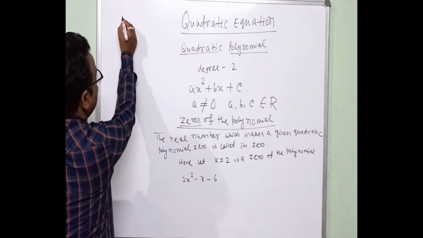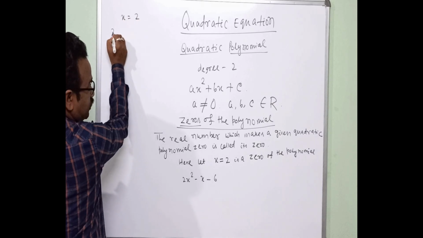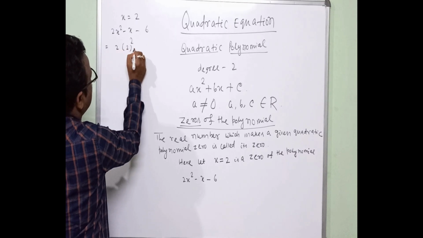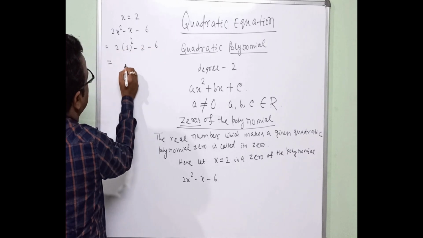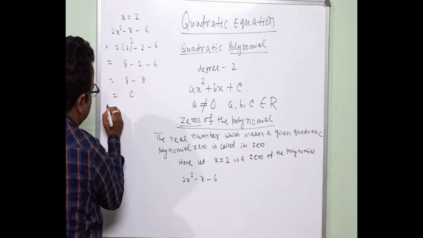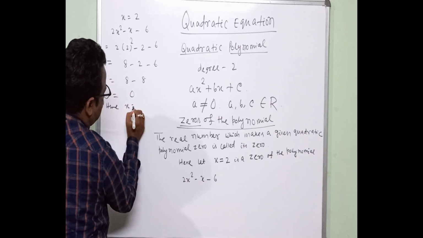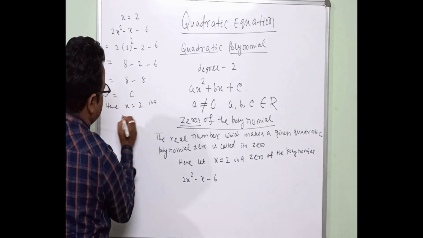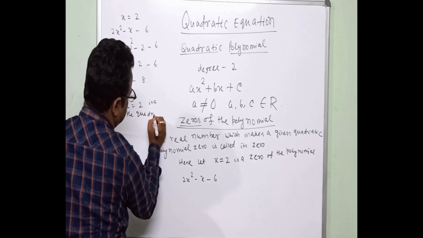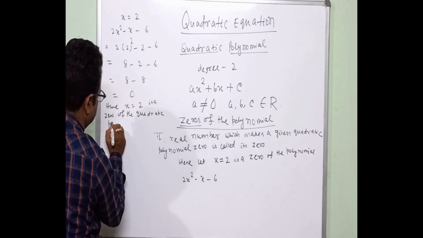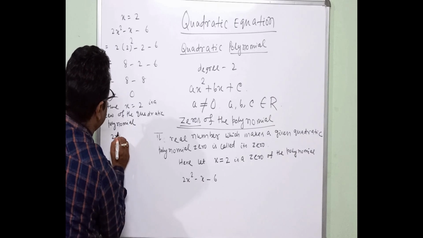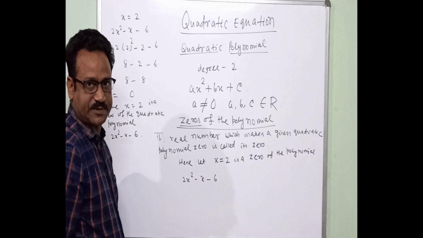Now see, putting x is equal to 2, 2x square minus x minus 6 is equal to 2 into 2 square minus 2 minus 6, which is 8 minus 2 minus 6, which is 8 minus 8, equal to 0. Hence, x is equal to 2 is a zero of the quadratic polynomial 2x square minus x minus 6.